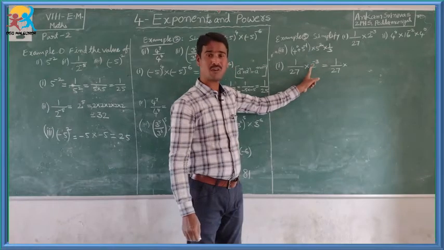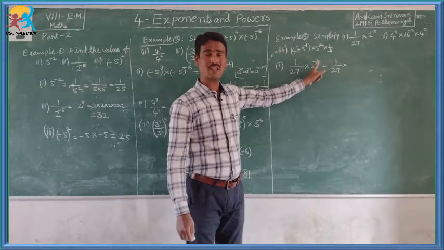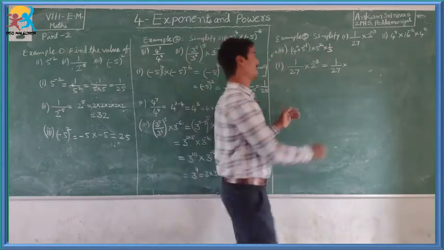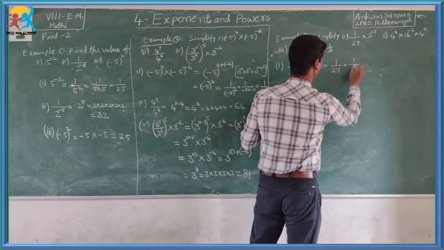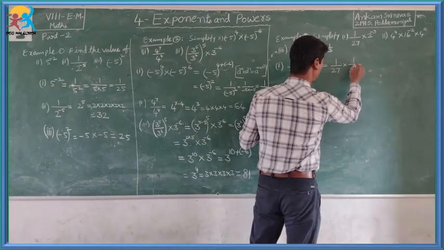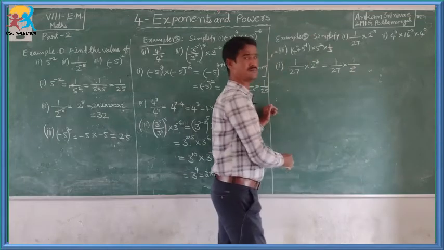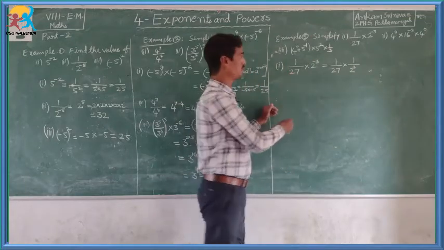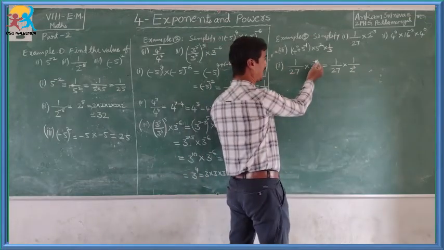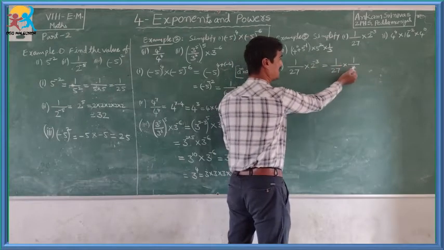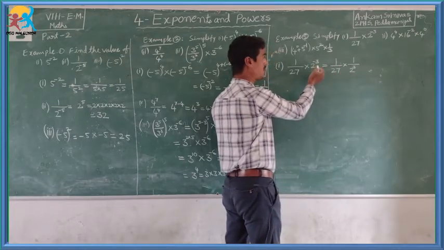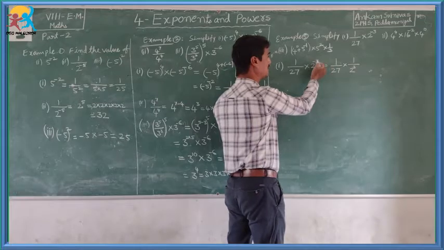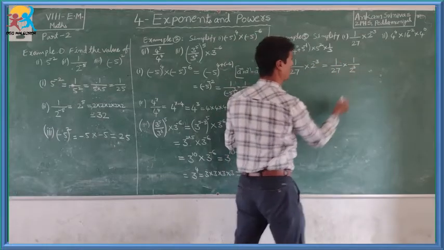What is the reciprocal of 2 power 3? 1 by 2 power 3, that means 1 by 2 cube. So for the reciprocal, I changed minus to plus.